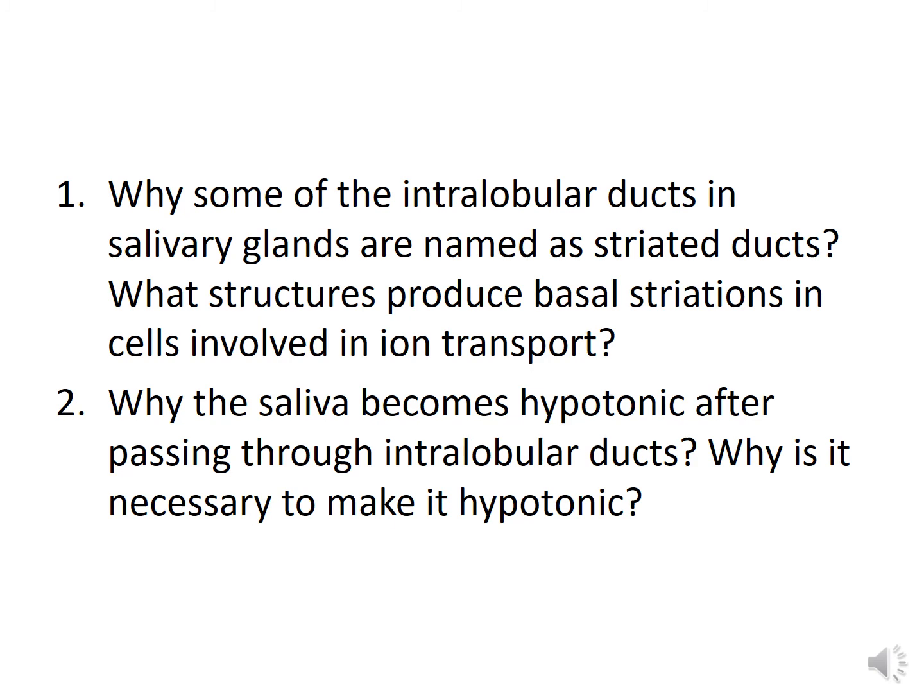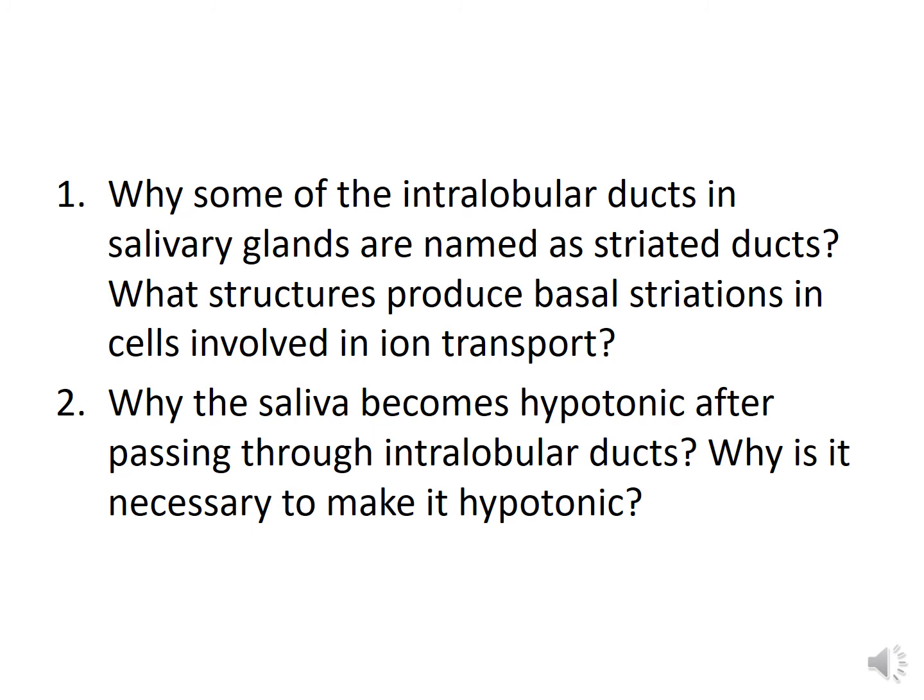Now why does the saliva become hypotonic after passing through intralobular ducts? Because sodium is reabsorbed. And why is it necessary to make it hypotonic? When the primary secretion is produced from the SNI, it is isotonic to the blood, and later, with passage through the intercalated and the striated duct, sodium is reabsorbed in the striated duct, so the saliva becomes hypotonic.